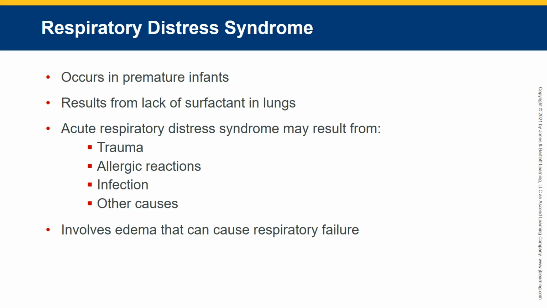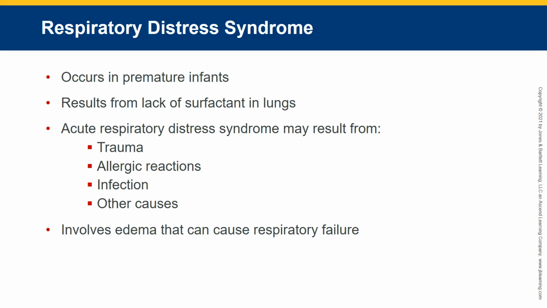And so if they can hold off premature birth for a couple of days and get the infant's lungs developing this surfactant, it's a much higher degree of improvement for the baby at birth, even when they're premature.